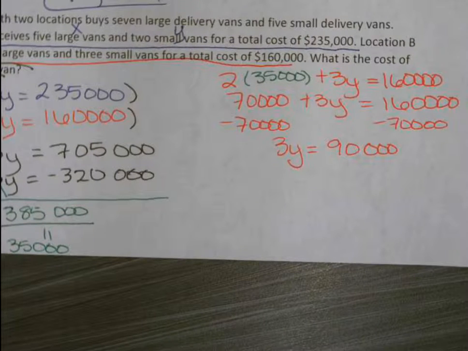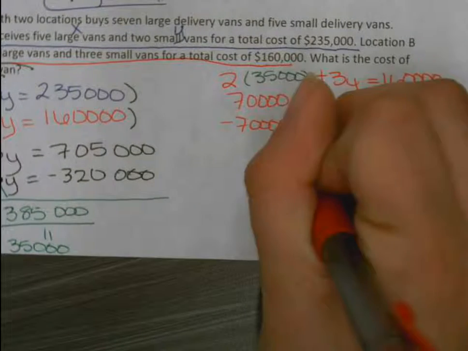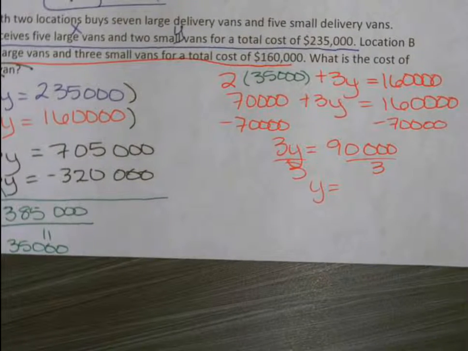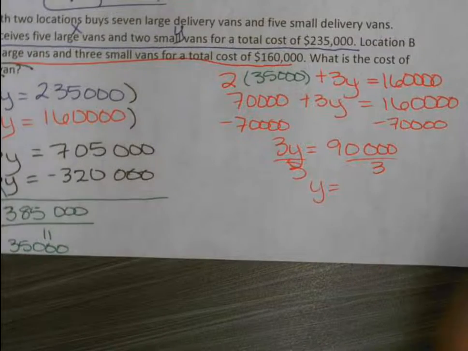Guys, be quiet. How do I get y by itself? Okay, and y equals? What's 9 divided by 3? 30,000.